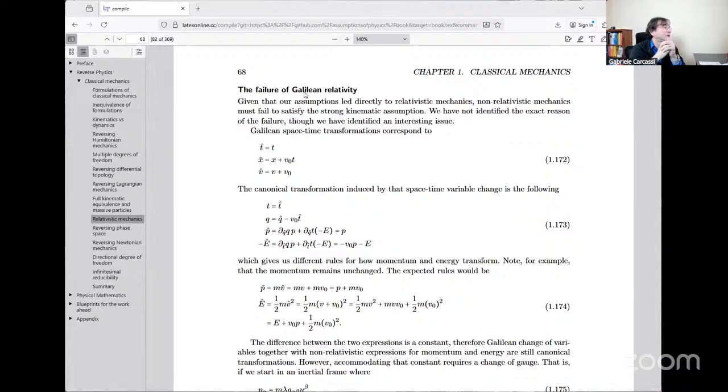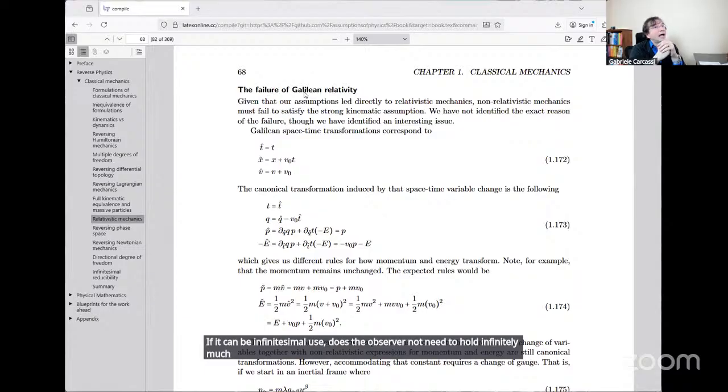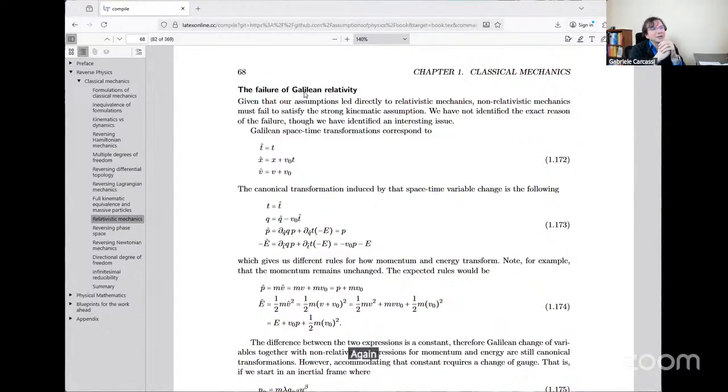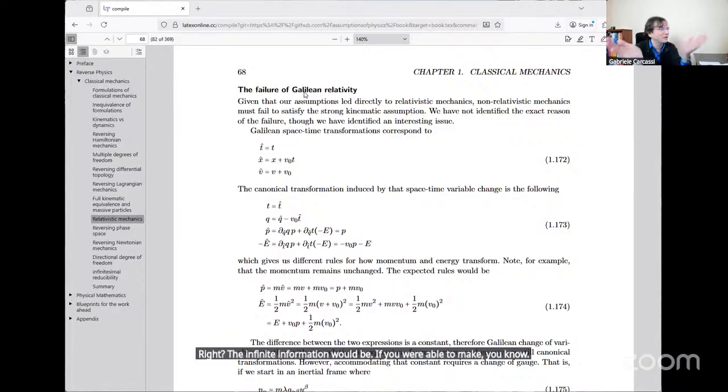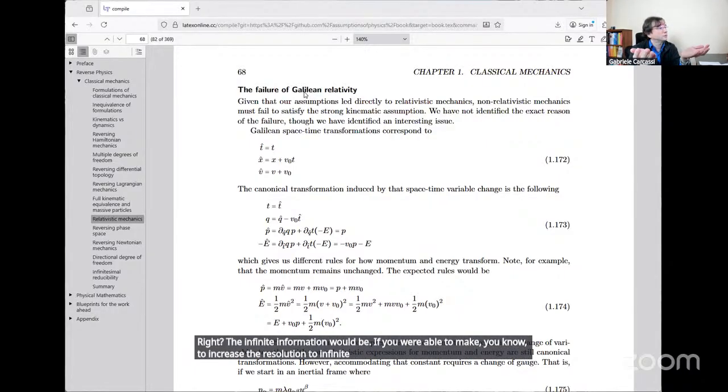If it can be infinitesimally reduced, does the observer not need to hold infinitely much information? Again, the finite information is in the finite region. The infinite information would be if you were able to increase the resolution to infinity, which you're never going to do.